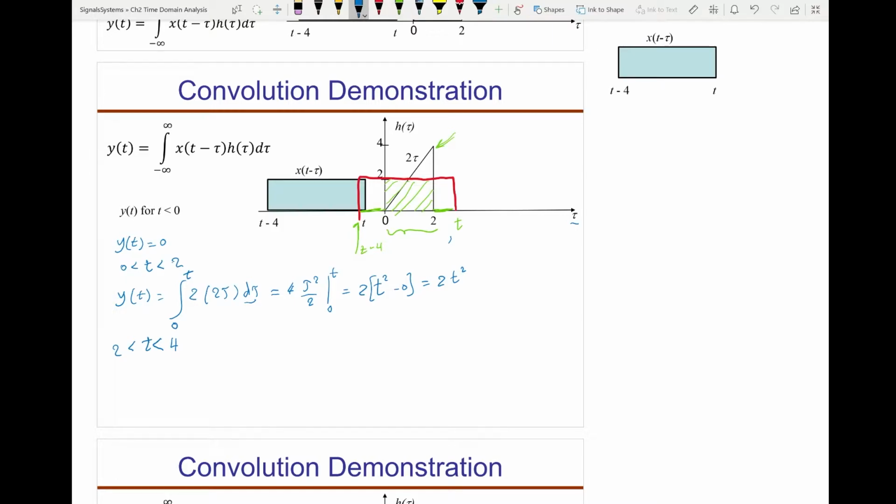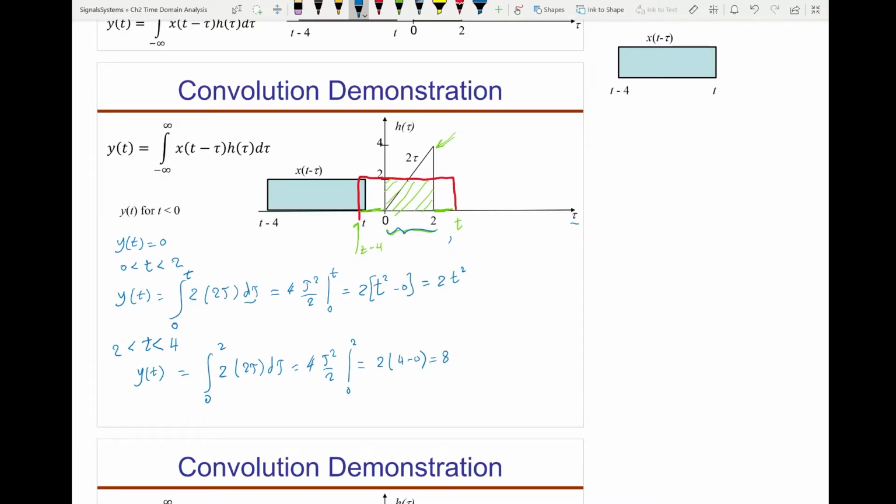So then y of t in this case will be the integral from 0 to 2, x of t minus tau is just 2, h of tau is just 2 tau, d tau. And when you integrate, you will get 4 tau squared over 2 from 0 to 2. And this will be 2 times 4 minus 0, that's 8.